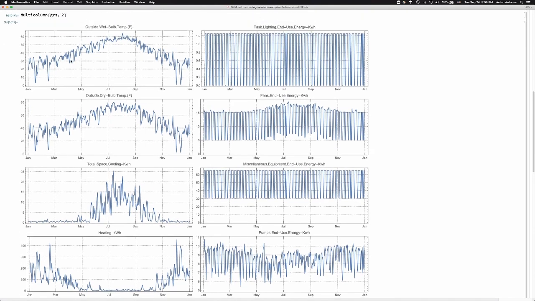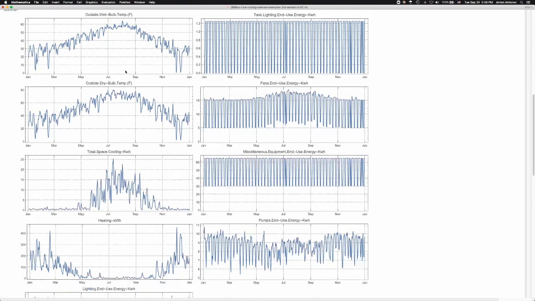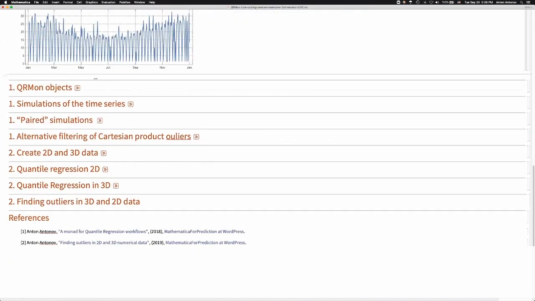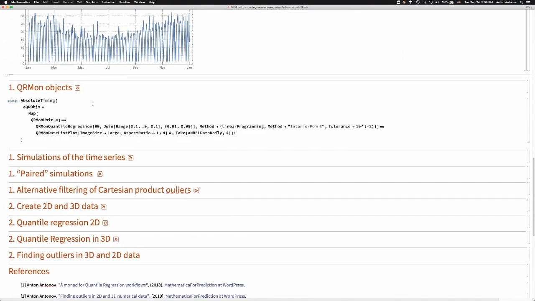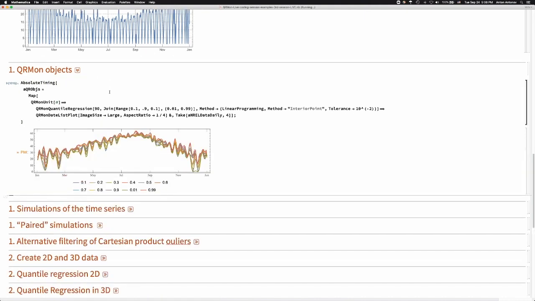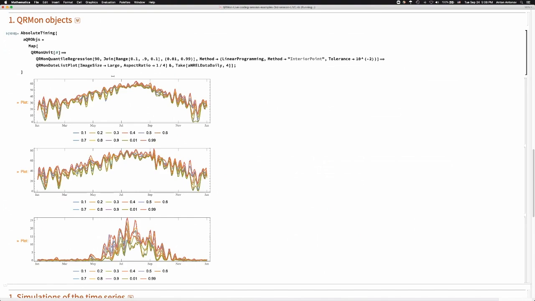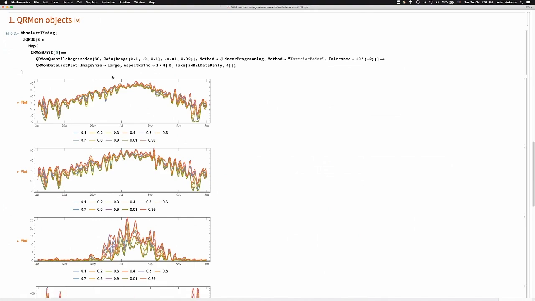Also, if we can simulate the data, we can change some of the parameters. We're not going into the changing of the parameters, but this should be sufficient motivation for why we do simulations.